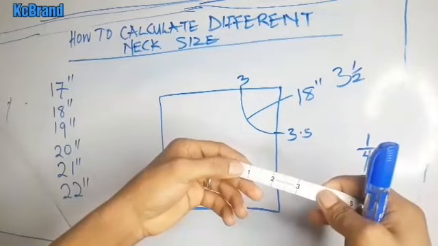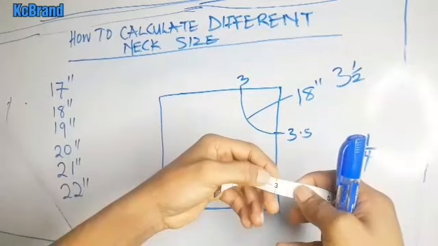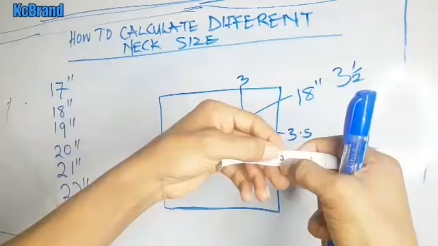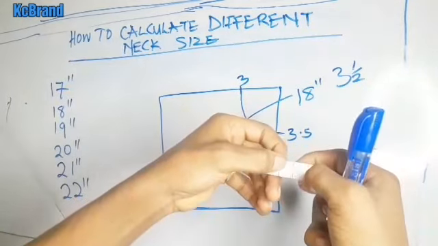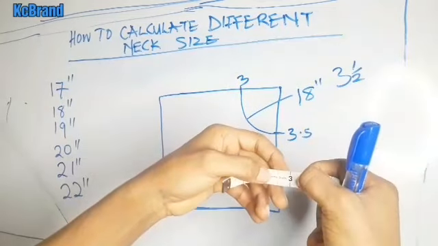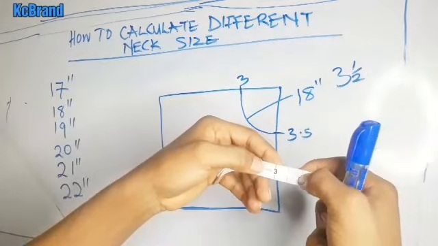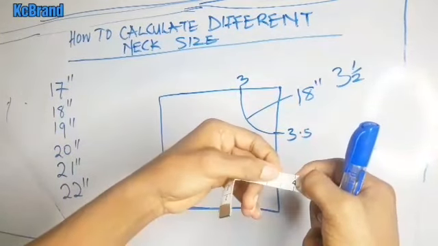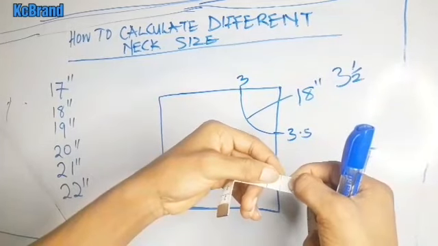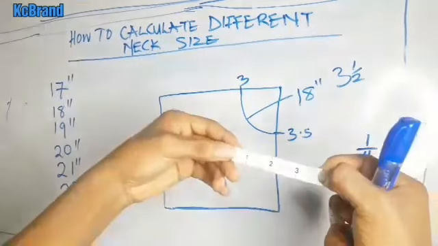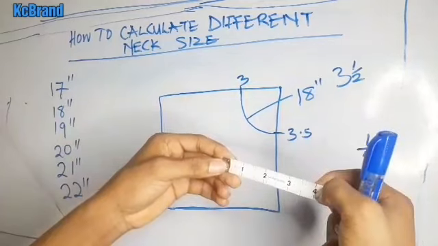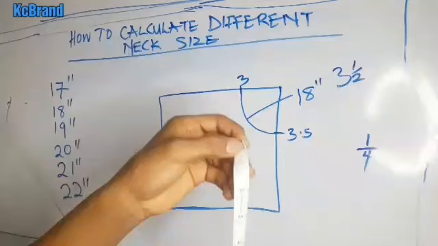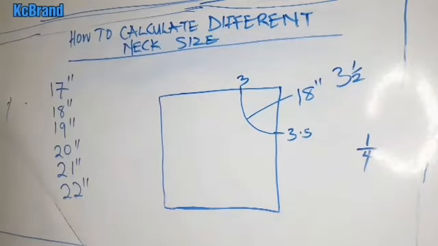So if I say a 1/4 inch, if I say 3.25, that means this is 3, and the tiny line between 3 and 3.5, that is where you have your 3.25. If I said 3.75, the tiny line between 3.5 and 4 is where you find your 3.75. It's very simple. I will still make another video on how you can read your tape rule easily, but for this class, let's continue with what we are doing.